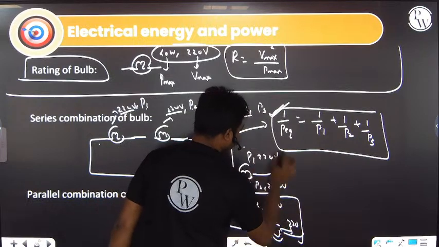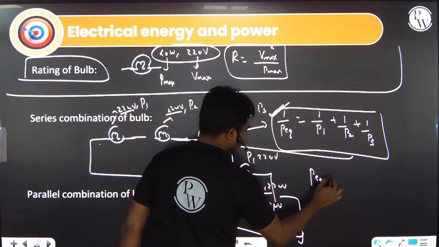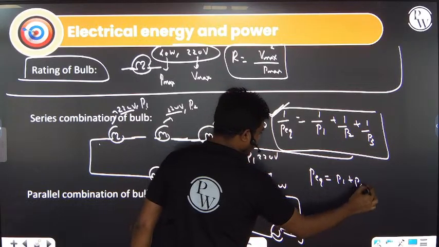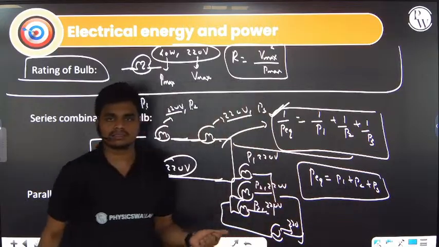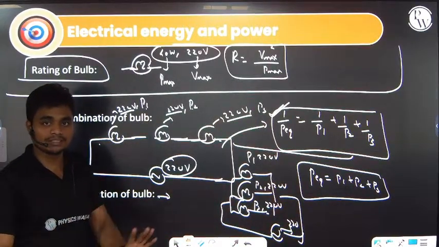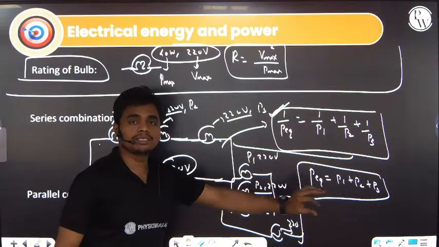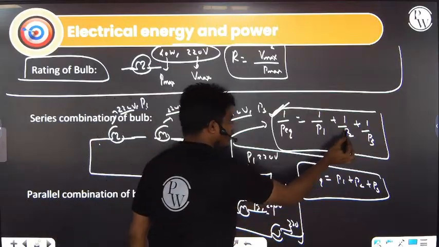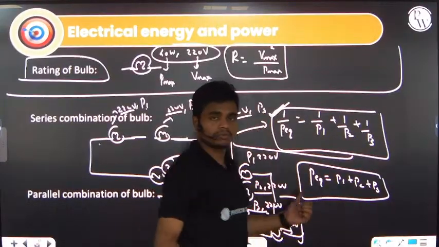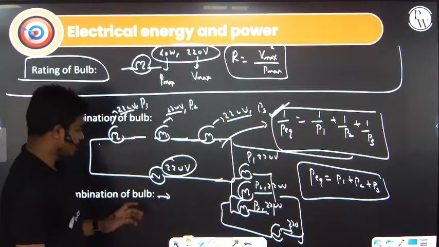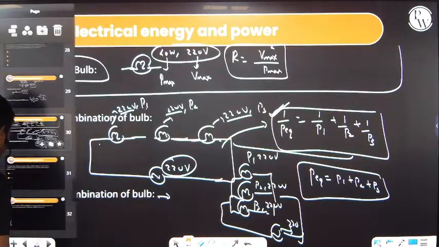In this case, for the parallel combination, we write P equivalent is given by P1 plus P2 plus P3. The power will be added in a parallel combination like this, provided that all the voltage ratings are the same. P1 plus P2 plus P3, and in series 1 by P1 plus 1 by P2 plus 1 by P3. So this concept we can use in different forms, in different questions. The only condition is what I already told you.